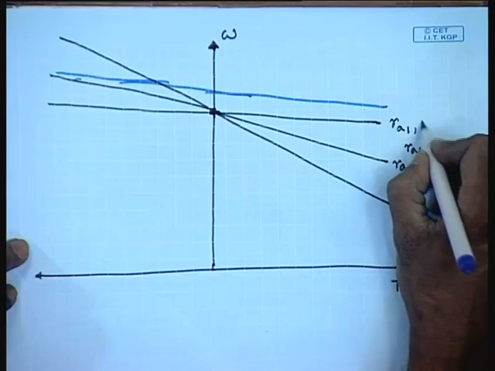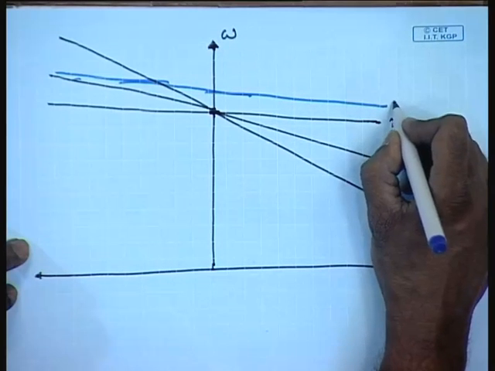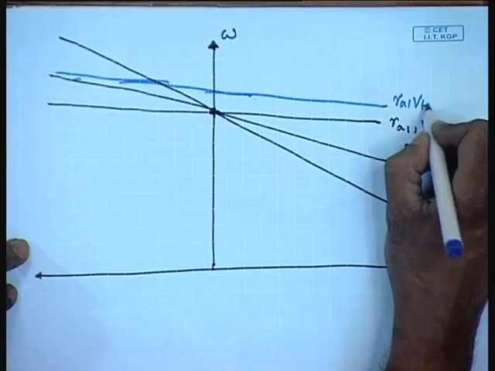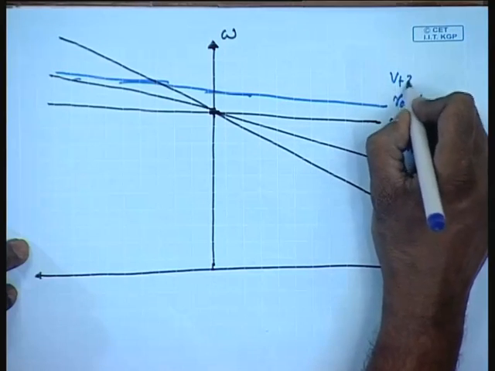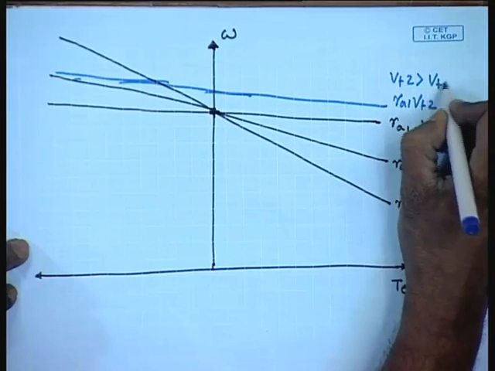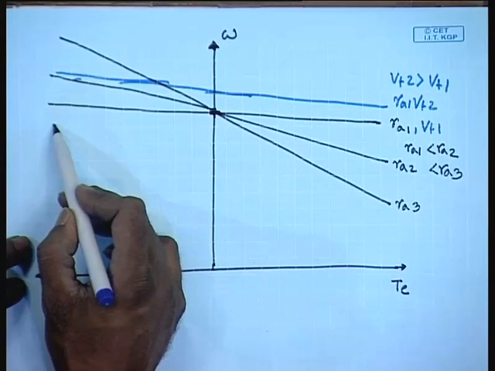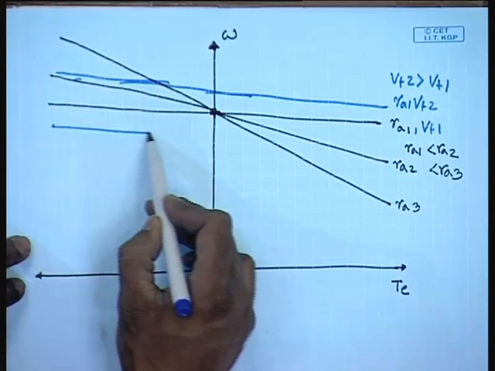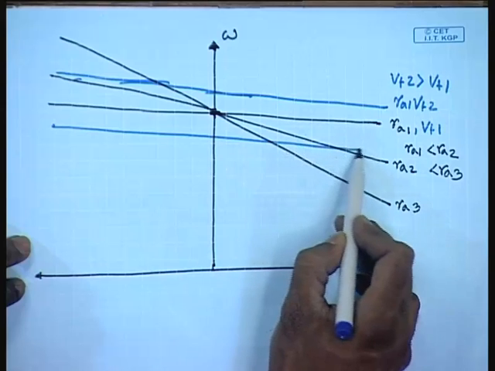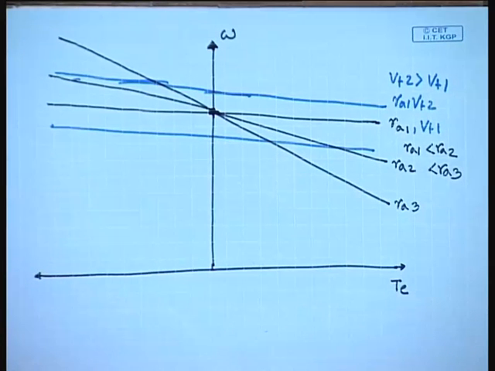This is RA1 VT1, this is RA1 VT2 and VT2 is larger than VT1. But if we reduce it, the torque speed characteristics also moves down.